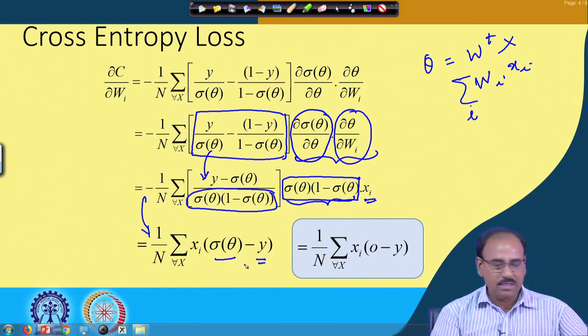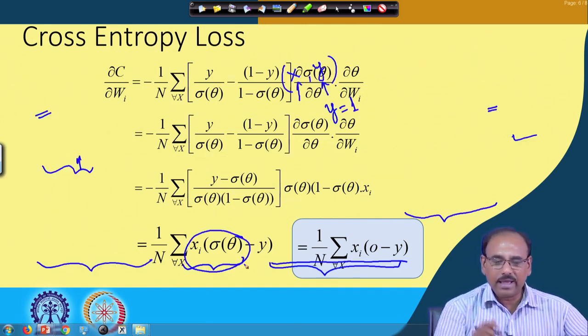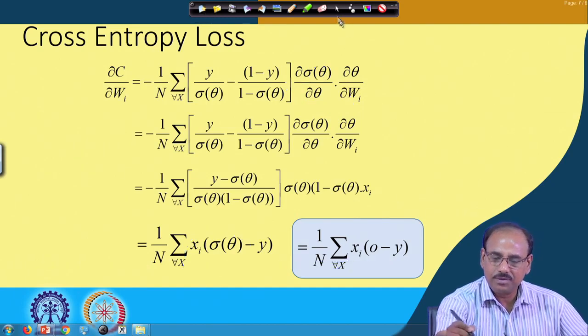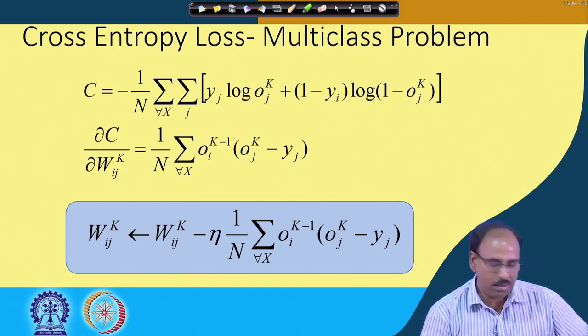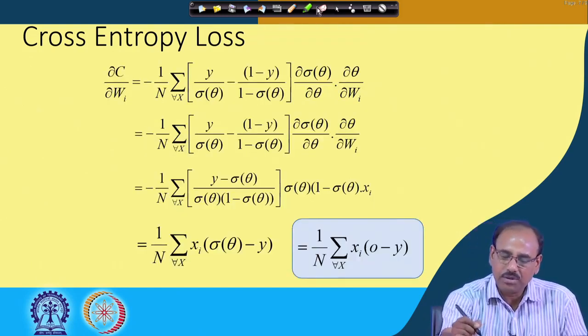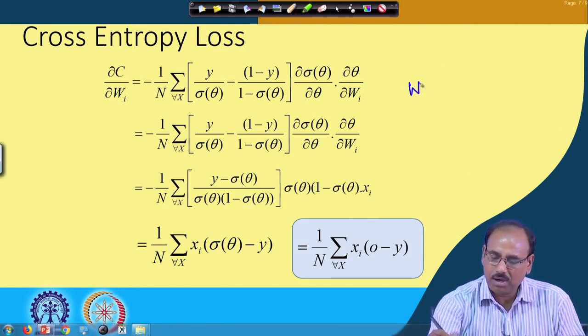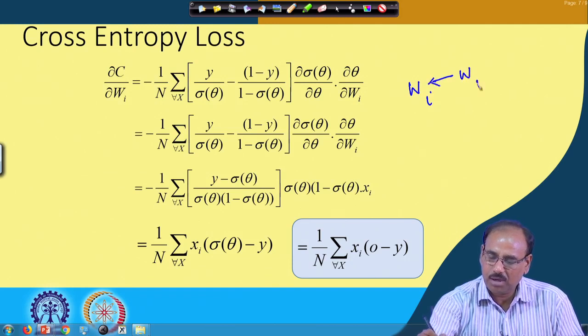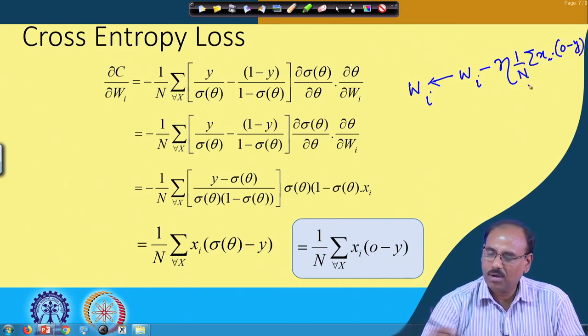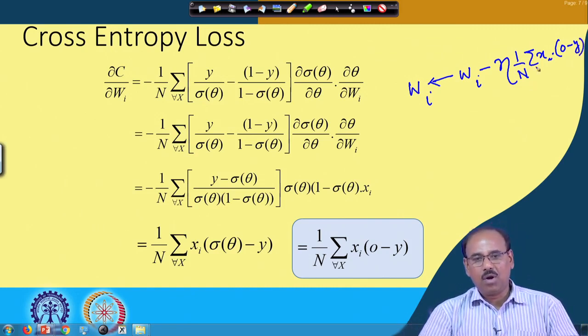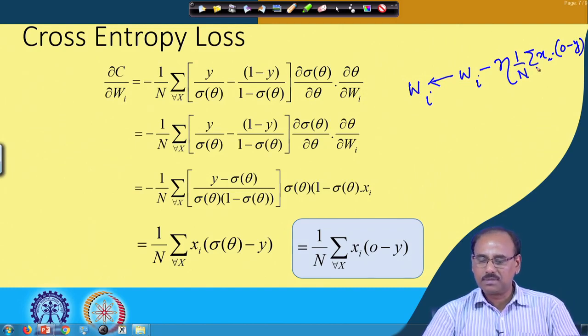And once I have this del c del wi, I can just write the weight updation rule, which is nothing but wi gets wi minus eta times 1 by n sum of xi into o minus y, where the summation has to be taken over all the input feature vectors.